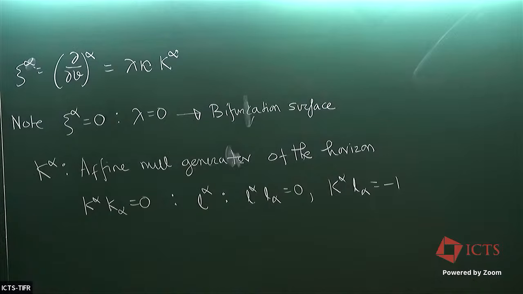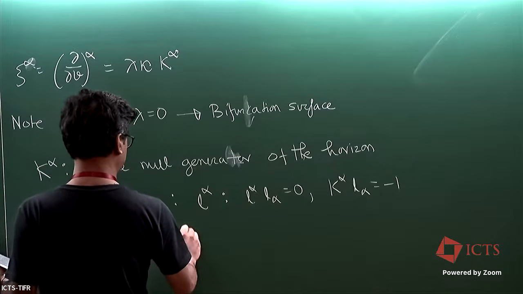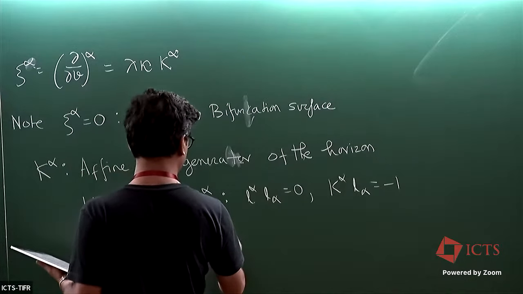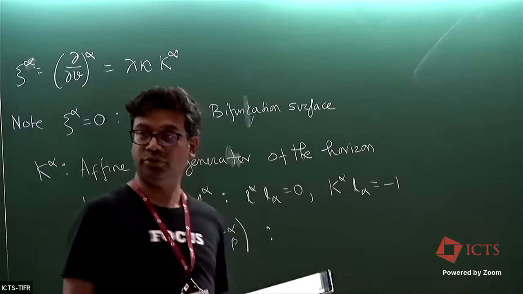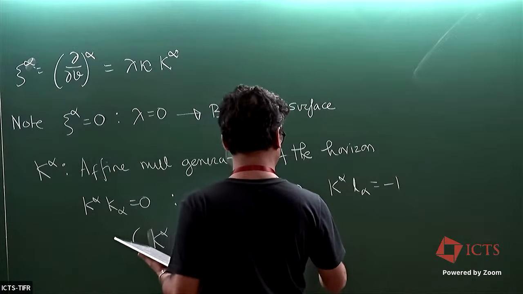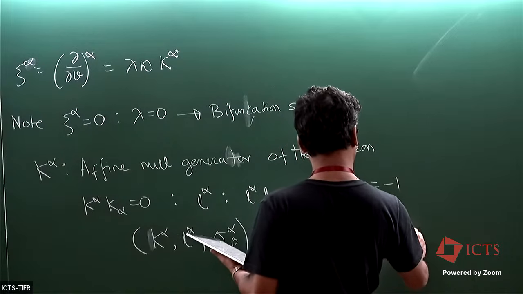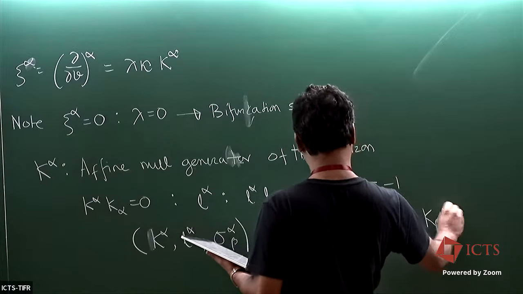This is again akin to the V direction and U direction of the Schwarzschild geometry. Then we will complete the basis with K^α, L^α, and a transverse metric which we call sigma_αβ. Last time we wrote down that sigma_αβ is equal to g_αβ plus K_α L_β plus K_β L_α. This is again important.